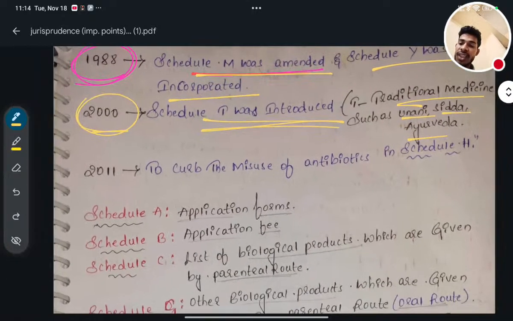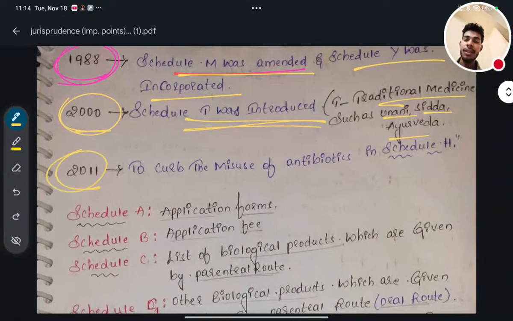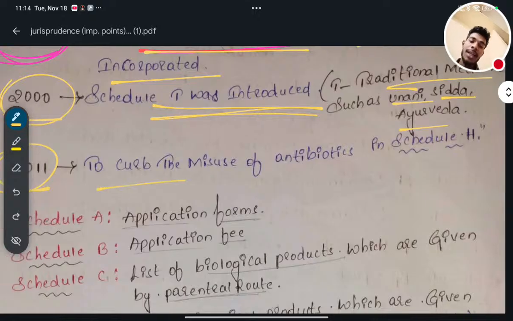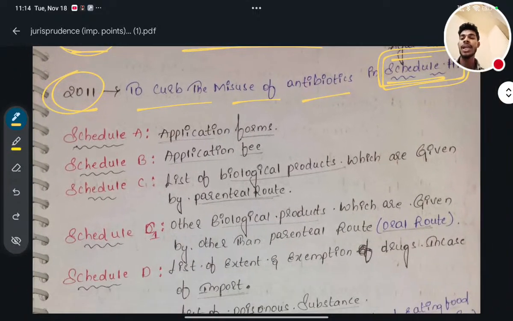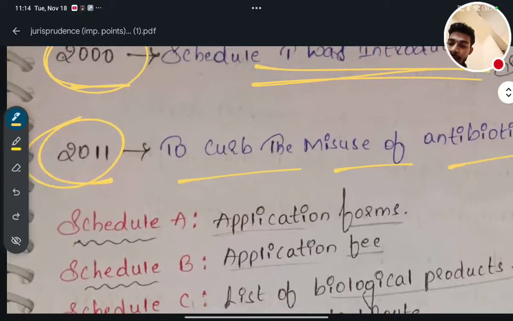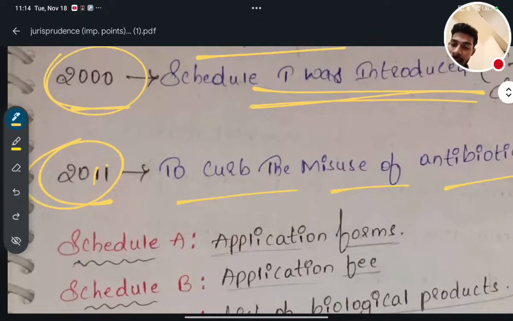Okay. Next, in 2011, to curb the misuse of antibiotics, changes were made in Schedule H. So in Schedule H in 2011, you have to remember, one H is there already. In 2011, one H is there.